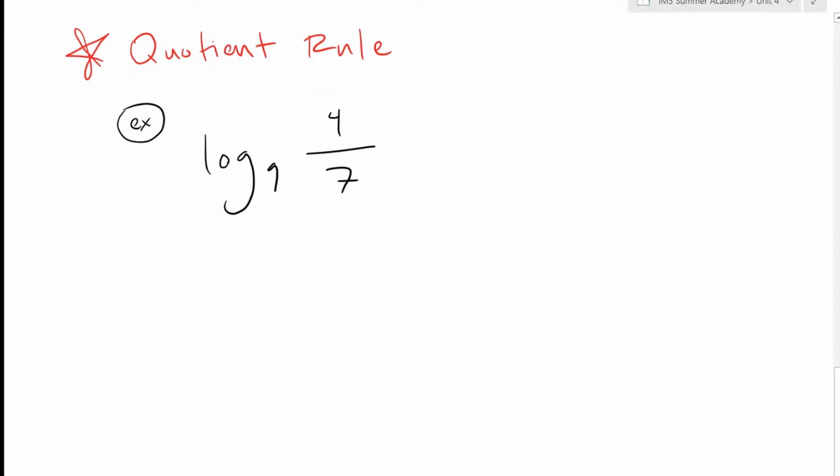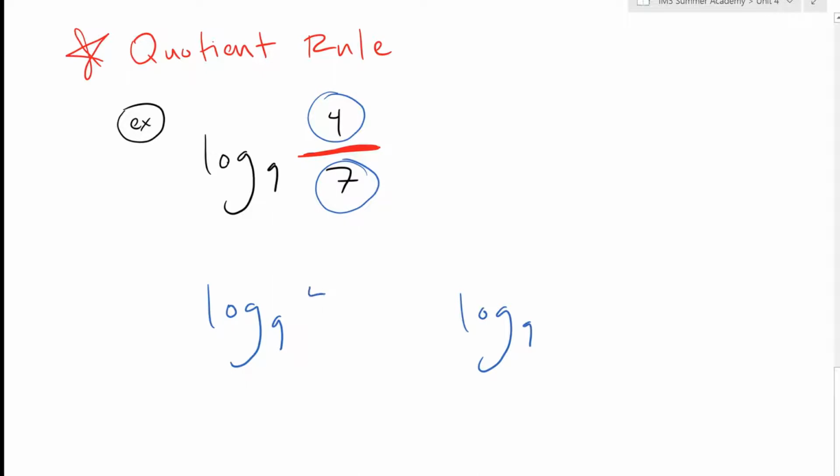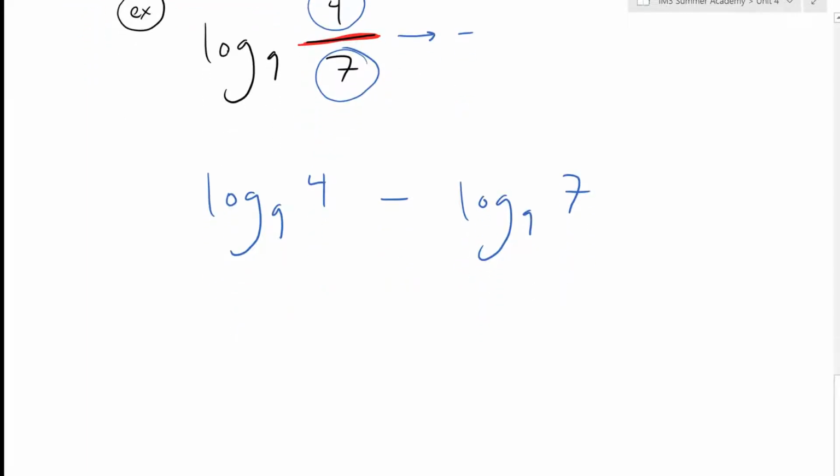It's going to be 2 pieces, because here's the division, which is going to become subtraction. We've got a top piece and we've got a bottom piece. So it's going to split into 2, the top and the bottom. So log base 9, 4 and 7, they go in order from top to bottom, and then the subtraction is going to come from the division sign here. So subtraction. And there we go. We have expanded out.